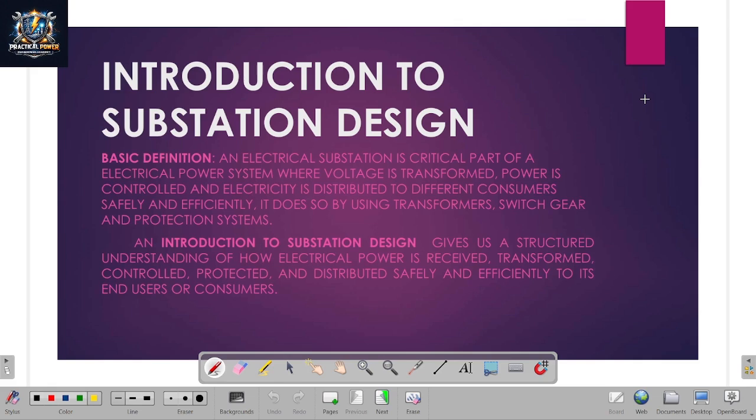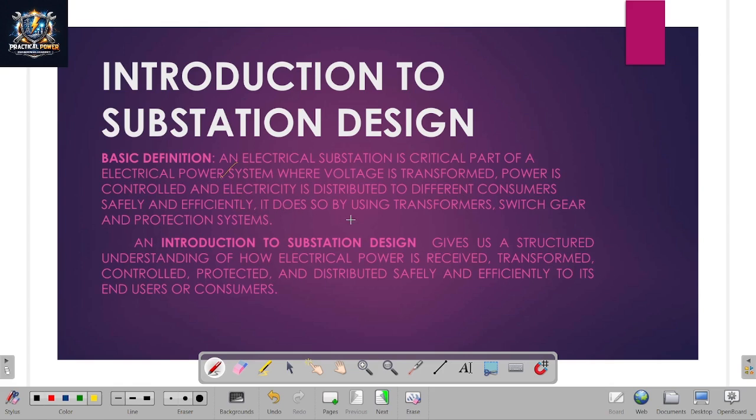So you know what the basic definition of the substation is. An electrical substation is the critical part of an electrical power system, where the voltage is transformed, power is controlled, and electricity is distributed to different consumers safely and efficiently.